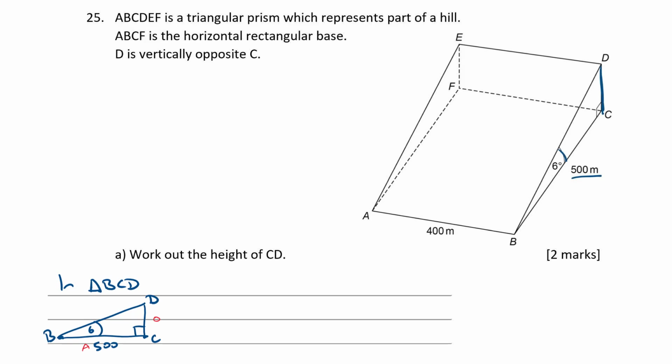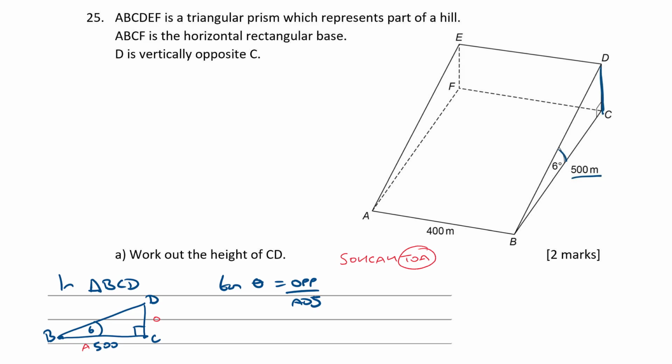500 is the adjacent. So according to SOHCAHTOA, the tangent of an angle is equal to its opposite divided by its adjacent. So I'm going to use tan theta equals opposite over adjacent.